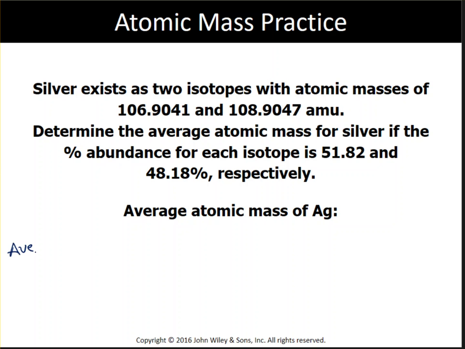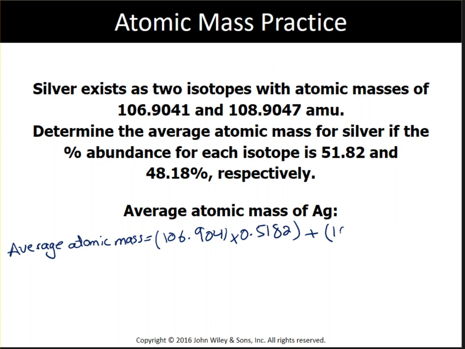So to find the average atomic mass, that equals the atomic mass, 106.9041, times the percent abundance, which is 51.82, plus the second isotope, 108.9047 AMU, times its percent abundance, which is 48.18.